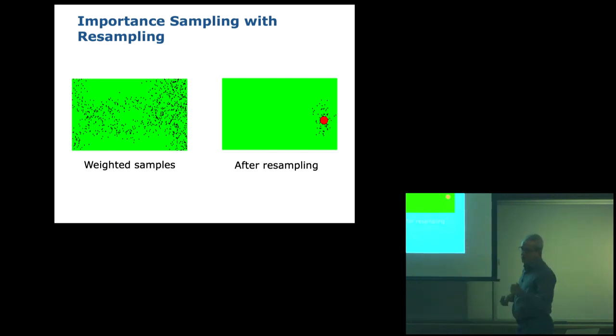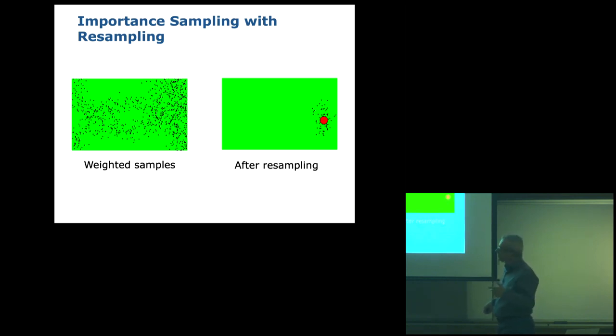So the key principle is we have a set of hypotheses, and we calculate importance weights for those. You can think about the result over here as a resulting set of hypotheses generated according to the importance weights.